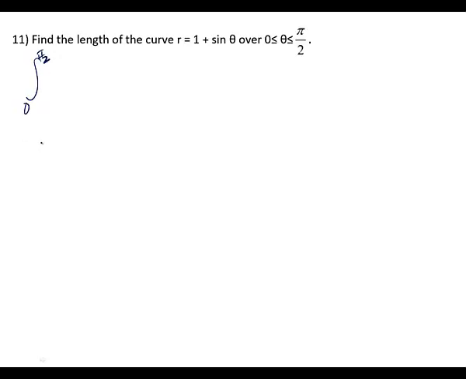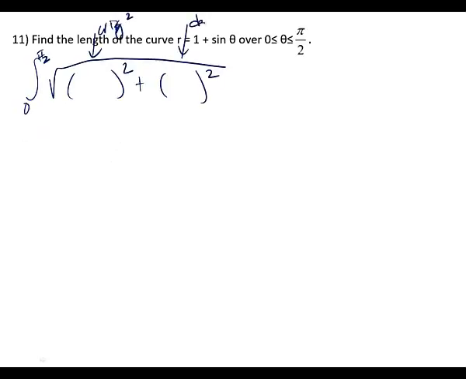Okay. And then what we have to do here is we take the original and square it plus the derivative squared. So my original is 1 plus sine theta. What's the derivative of 1 plus sine theta? Cosine theta.